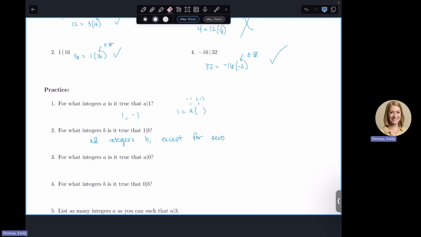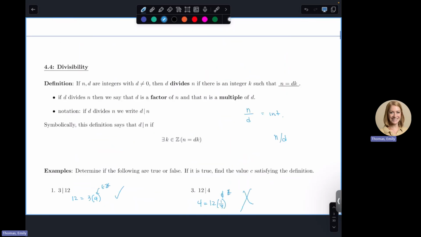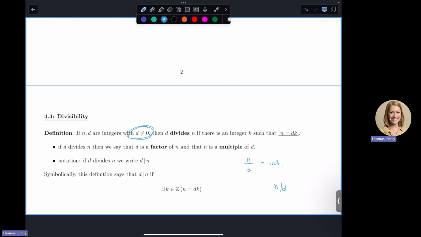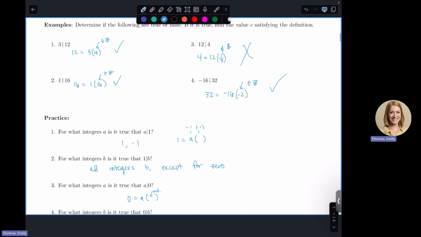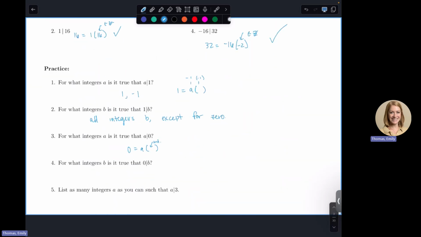I think it's none, because you want to be able to write 0 is equal to a times an integer, but the definition says d can't be 0. So we got nothing. I think. That's my opinion. What do y'all think?